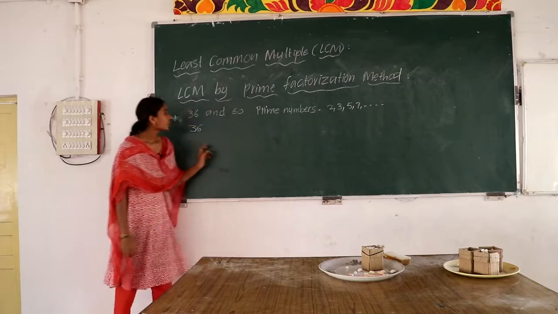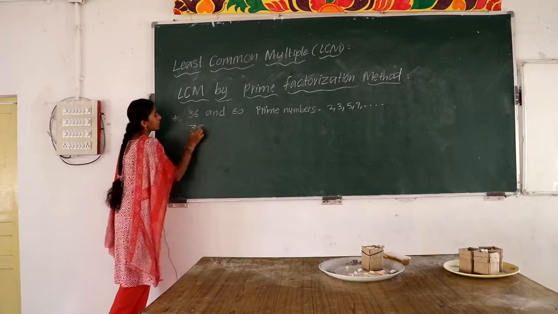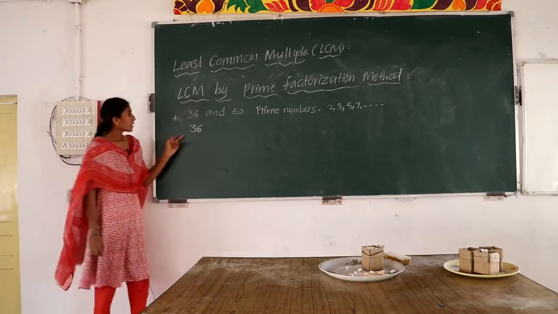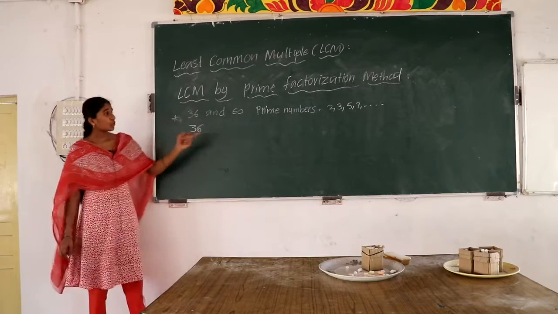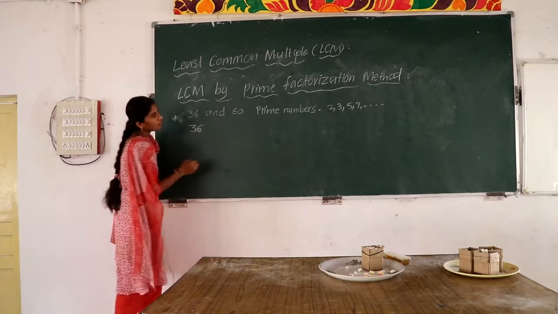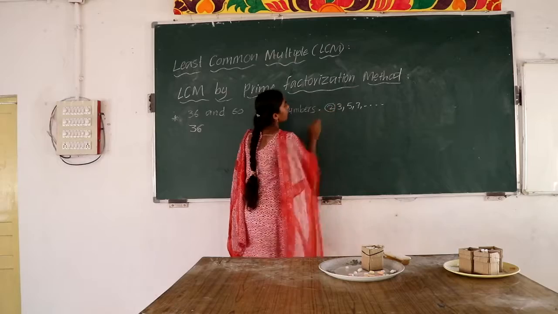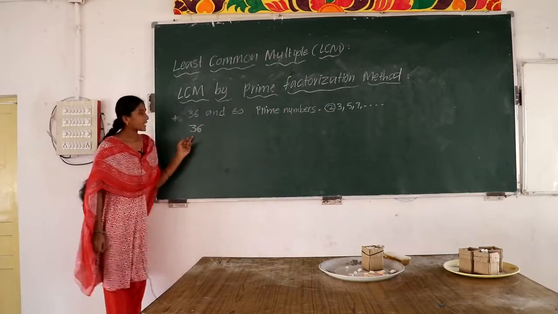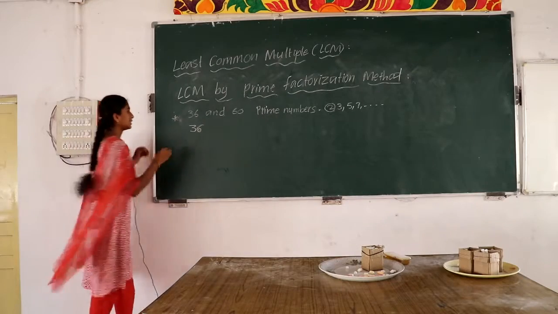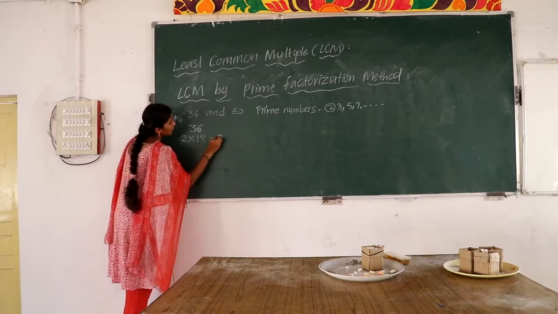First, 36. We have to reduce the value of 36 with prime numbers. Is 2 a factor of 36 or not? Yes. So we take 2, the least prime number. To get 36, which number should be multiplied with 2? 18. So write 2 into 18 equals 36.